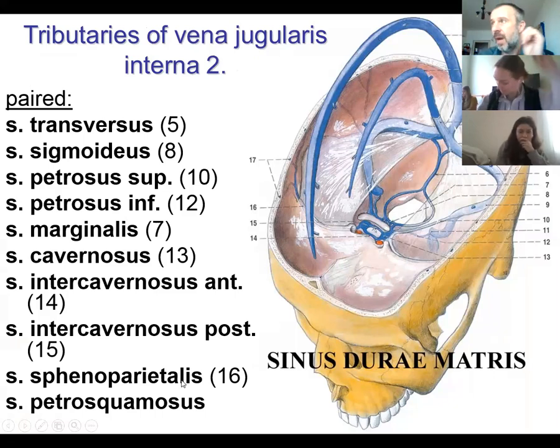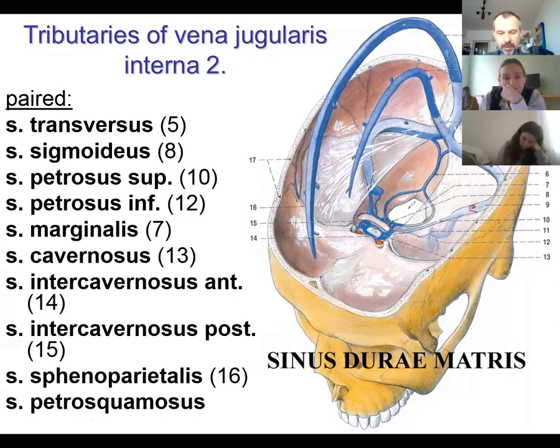Thank you. So here again, if we go through them, we can see the transverse sinus here, and the sigmoid sinus here. Here is the superior bulb of the internal jugular vein, and on the other side here. And then we can see the superior petrosal sinus and the inferior petrosal sinus.